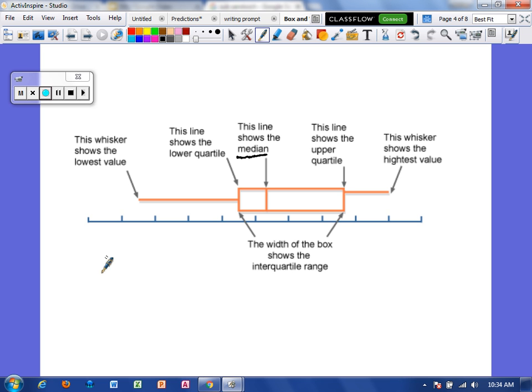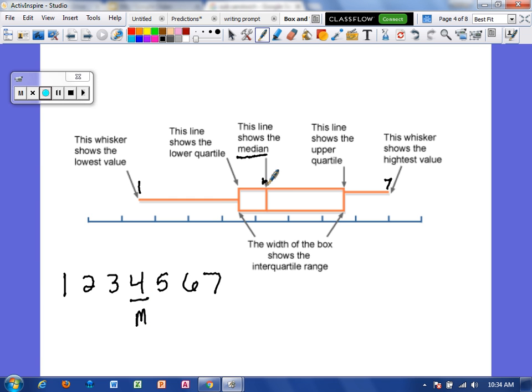So let's take a very simple example of the numbers 1 through 7, and we're going to represent them on this box plot. So the lowest value would be 1, and the highest value would be 7. Now the median would be whatever number falls in the middle, and that would be 4.